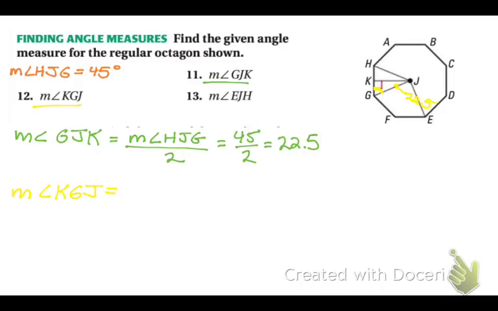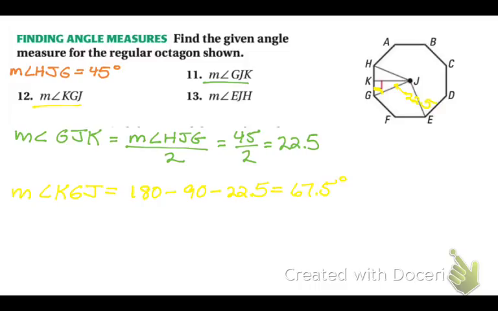We know 2 of the 3 angles in a triangle, so we're going to have 180 minus 90 minus 22.5, and that is going to be equal to 67.5 degrees.